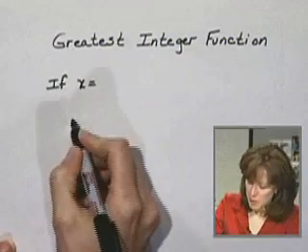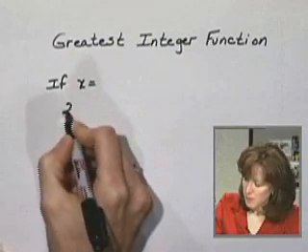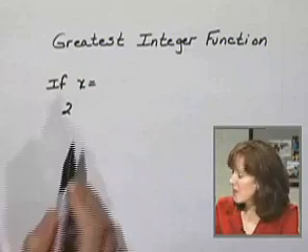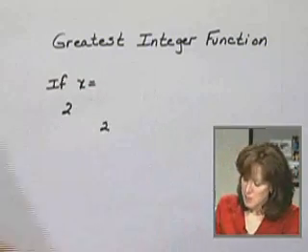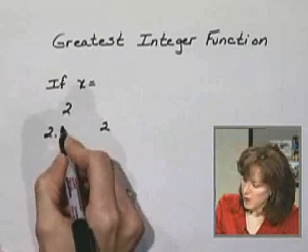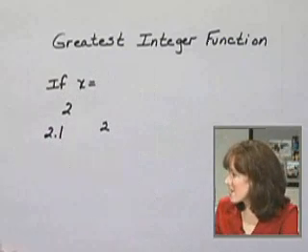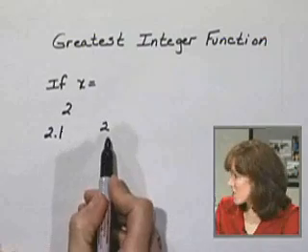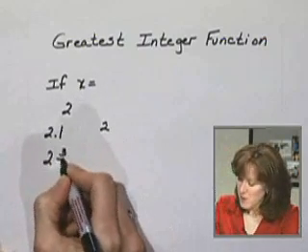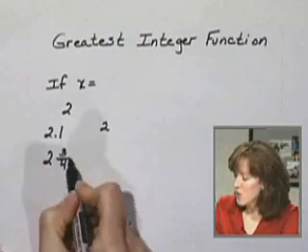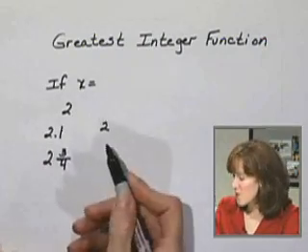Suppose x equals 2. The greatest integer less than or equal to 2 is 2. Suppose x equals 2.1. The greatest integer less than or equal to 2.1 is 2. Suppose x is 2 3/4. The greatest integer that's less than or equal to 2 3/4 is 2.